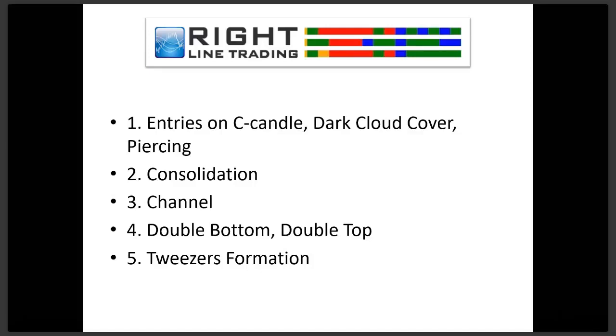The way we look at trading price action and market structure is whether you're entering on a single candle configuration or on a multi-candle configuration. Our single candle entries are either C candles, dark cloud covers, or piercing candles.